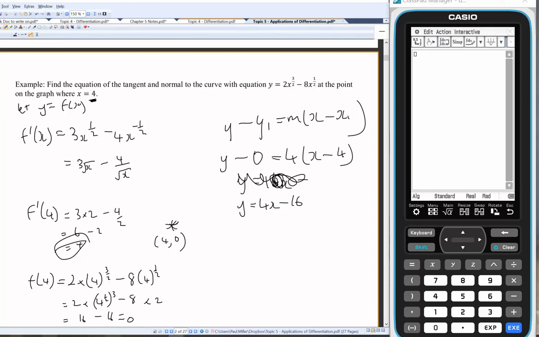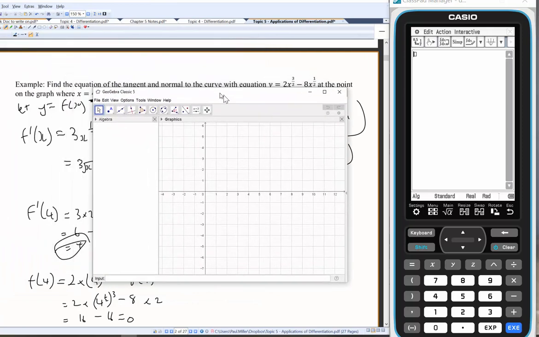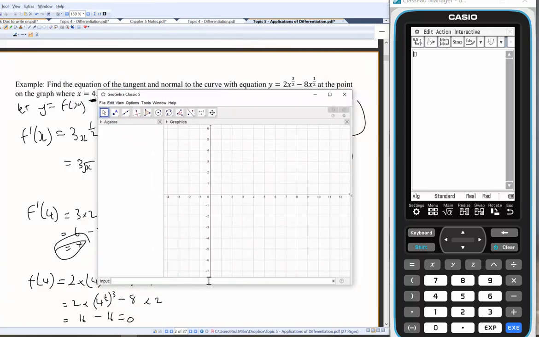All right, so let's just show you what that actually means. First thing I'm going to graph is the function f of x equals 2x to the power of 3 on 2, take away 8x to the power of a half.